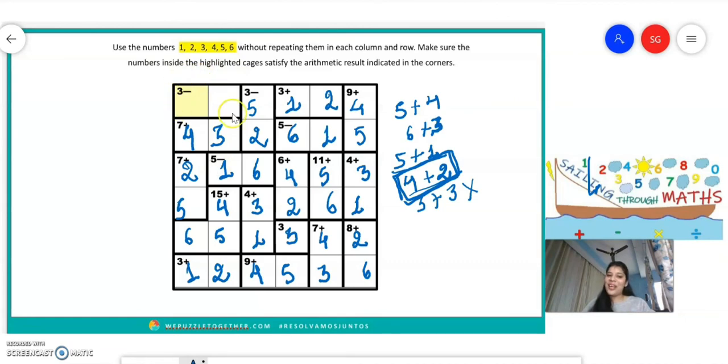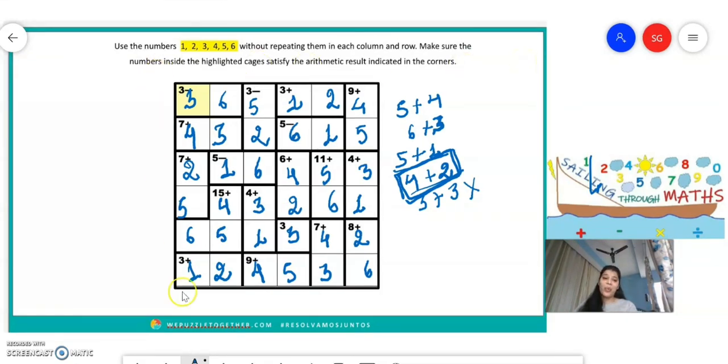Now I can clearly find out these numbers. How? I know all the 5 numbers of the second column and I know all the 5 numbers of the first column. So the number which is missing from the first column is equal to 3, while the number which is missing from the second column is equal to 6.